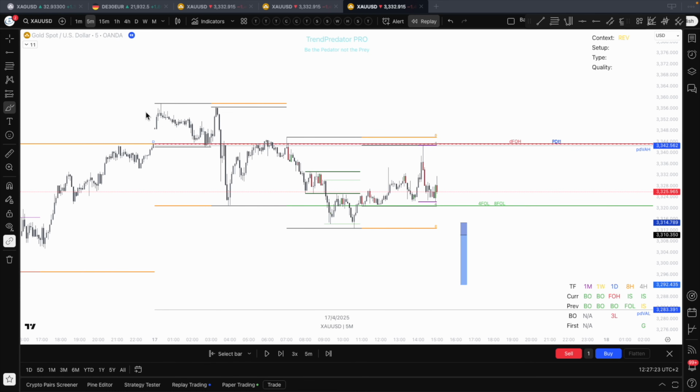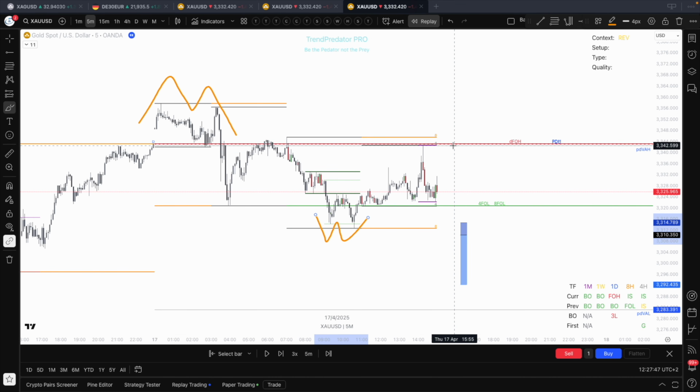For the moment we have a kind of M trap with the fake out high on a higher time frame. That's the basis of our overall thesis. Then it was trading down, and we get a W here at the low with an 8-hour fake out low. So it's kind of printing a range here.